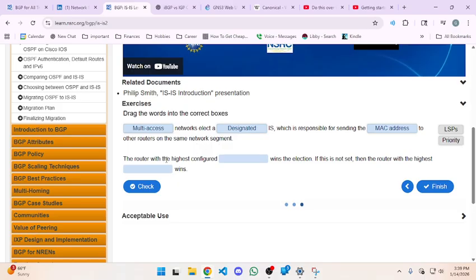The router with the highest configured priority wins the election. Oh, no, this must be MAC address. Oh, no, this must be priority. If this is not set, then the router with the highest MAC address wins. Okay.